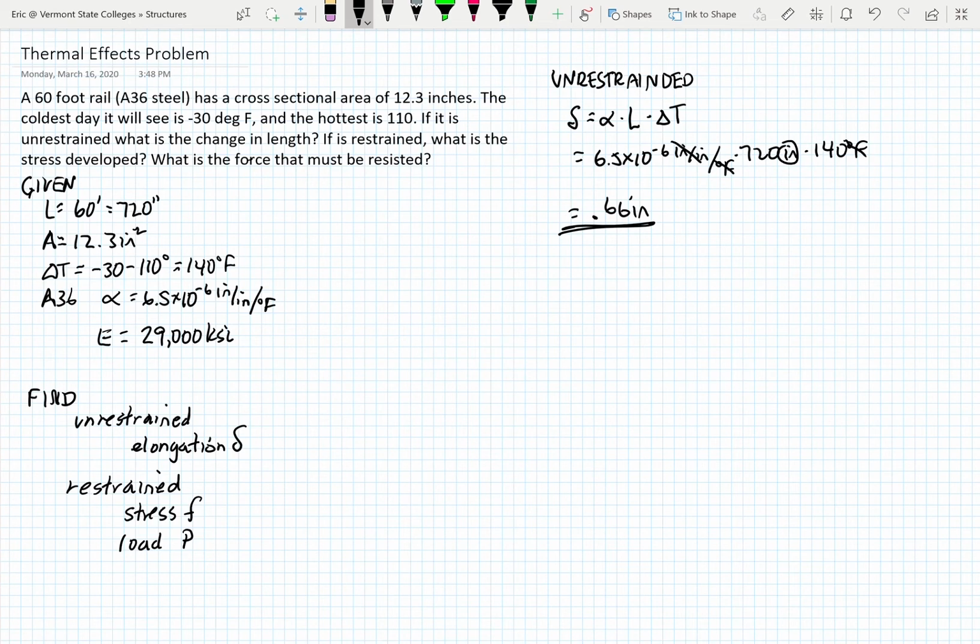Now look at the unrestrained case. Oh, pardon me, the restrained case. Now we're going to look at the restrained case.